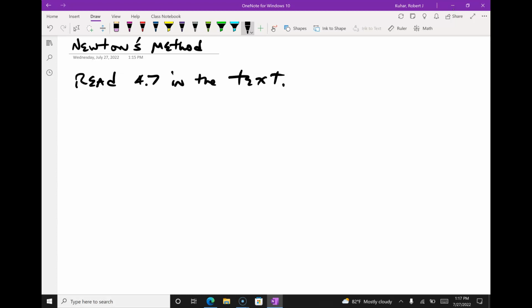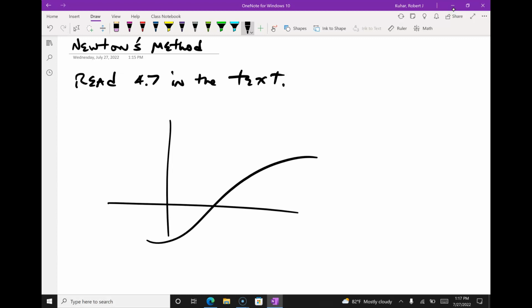So what we do is we're trying to find out where this hits the x-axis, right? You remember finding roots before, like the parabola when you throw a ball up in the air, where does it hit the ground? All of that type of stuff. So same idea, but with much more complicated functions.